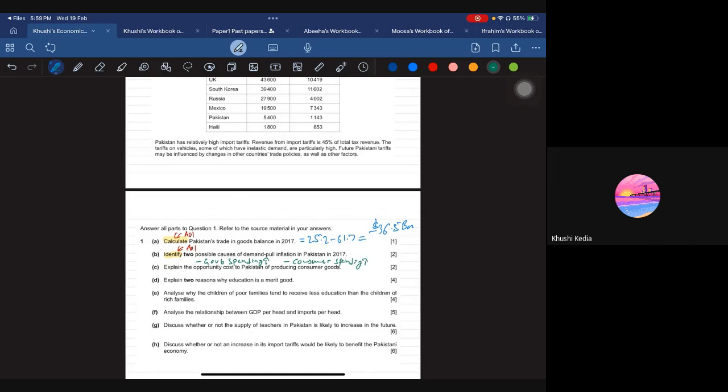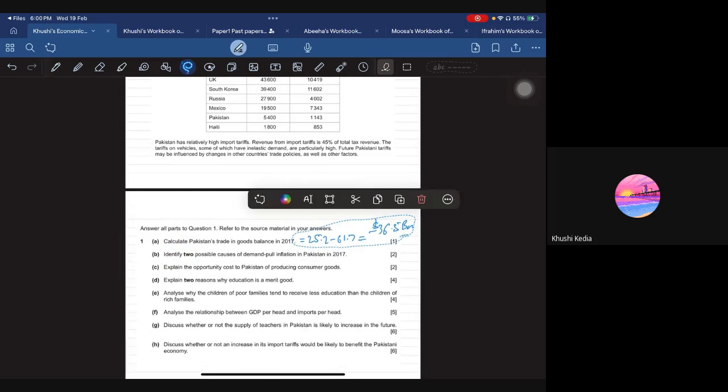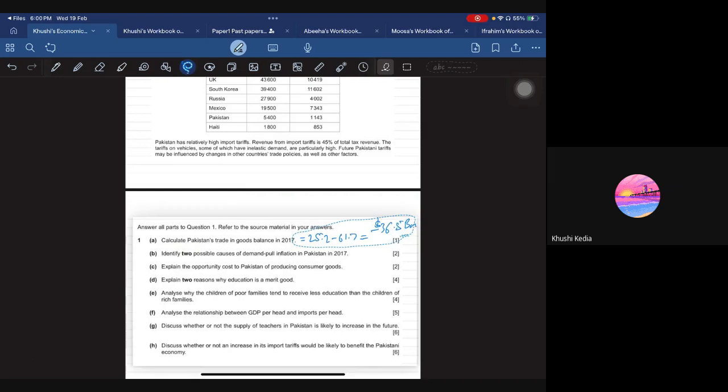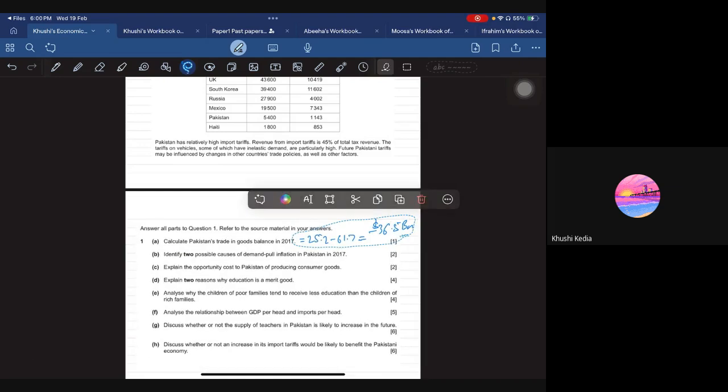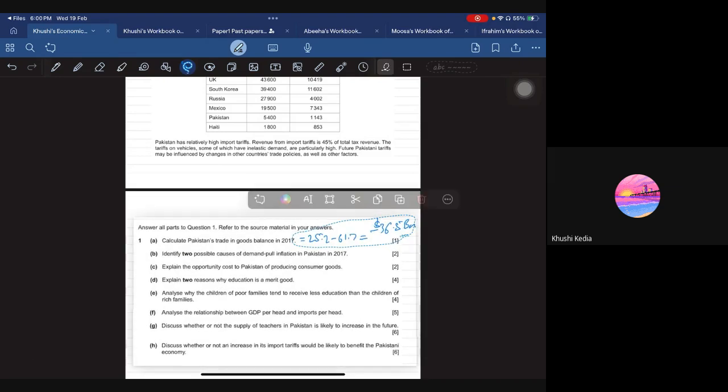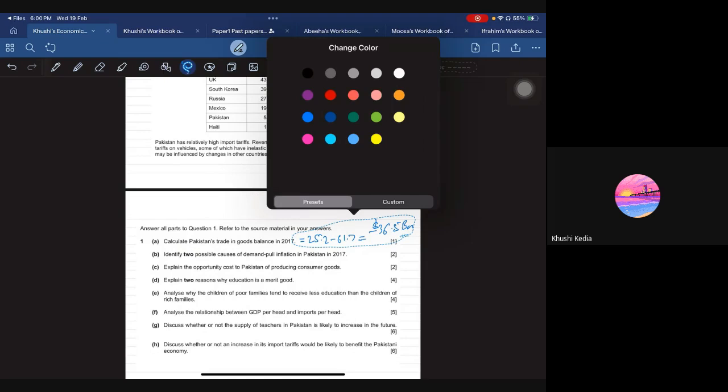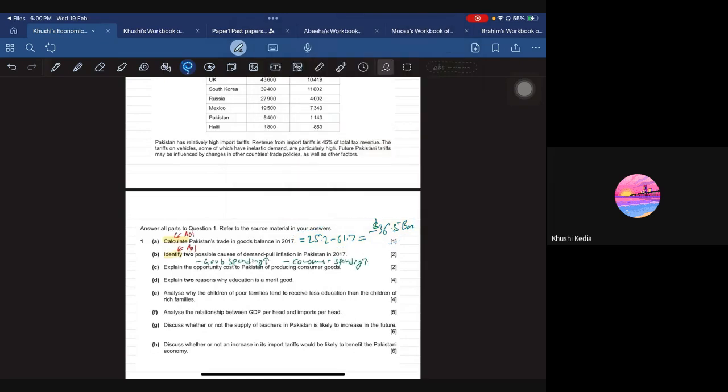So now the third question. What does the question say? The opportunity cost to Pakistan of producing the consumer goods. The question says explain.